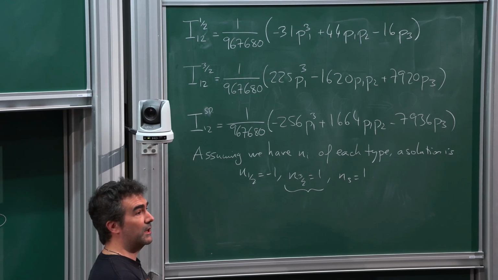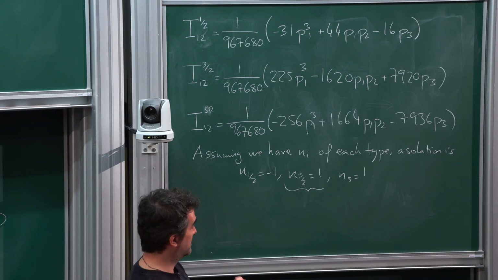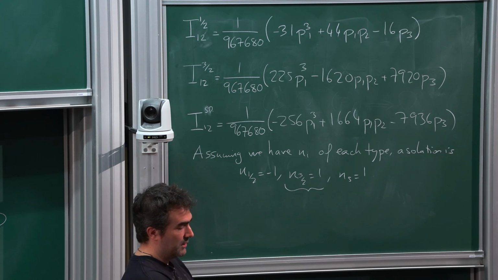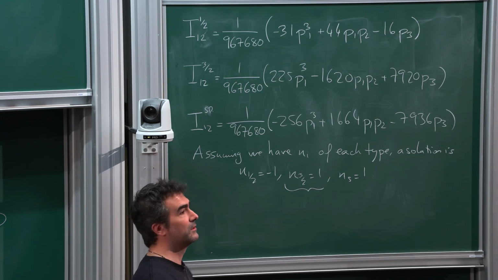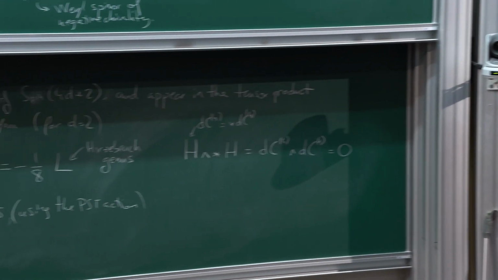But it doesn't have to cancel locally as a form, even if it's integrally quantized. So I want this determinant line bundle to have 0 curvature, and that's something I can do in a neighborhood of a point. I don't need the 1/8 times L. On which manifold is it even defined, because of the 1/8?